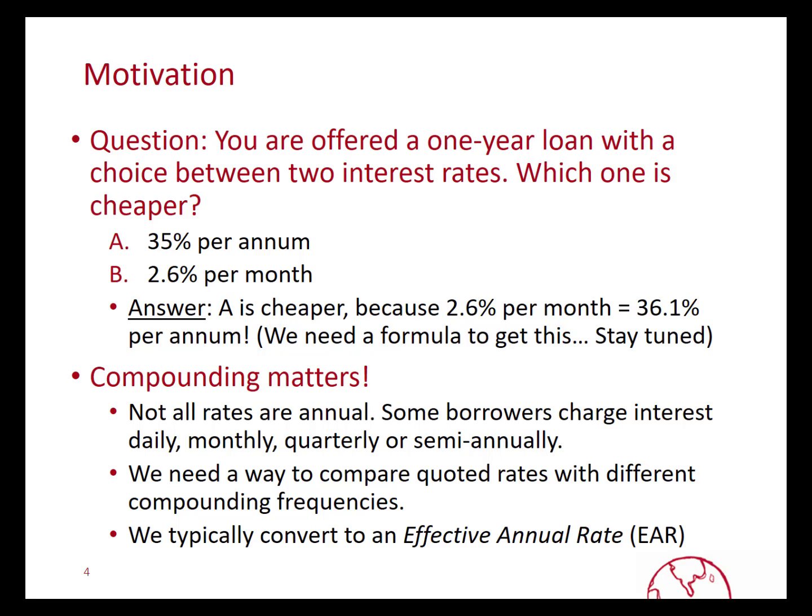Many borrowers will charge interest rates with daily, monthly, quarterly, or even semi-annual compounding. So we need to be able to take these quoted rates that have different compounding frequencies and compare them so that we're looking at apples to apples. So what we're typically going to do is calculate the effective annual rate, taking into account different compounding periods.